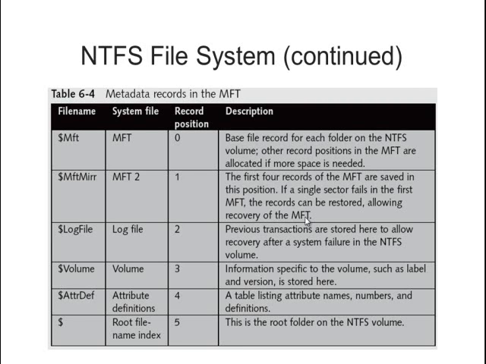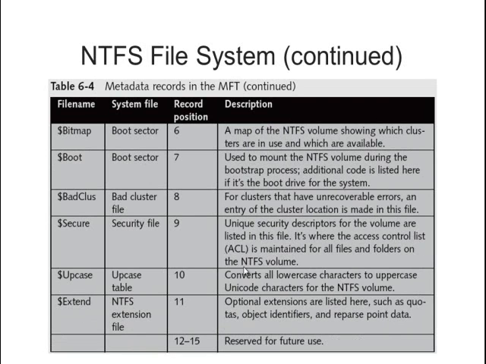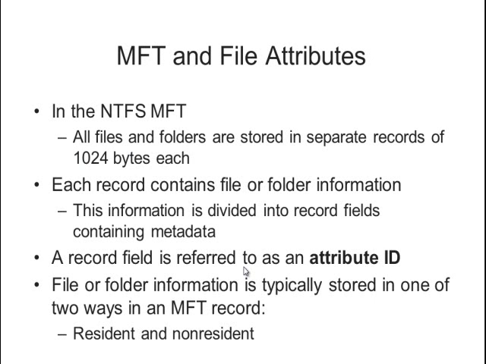In the NTFS master file table, all files and folders are stored in separate records of 1024 bytes each. Each record contains file and folder information. This information is divided into record fields containing metadata. A record field is referred to as an attribute ID.